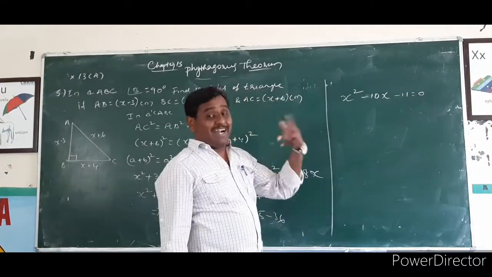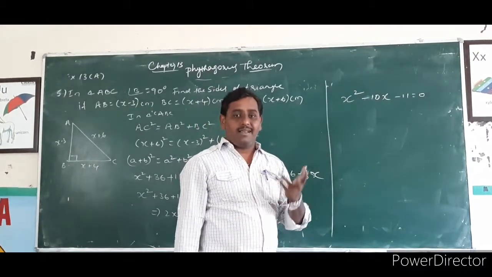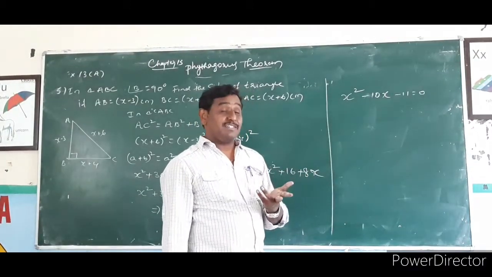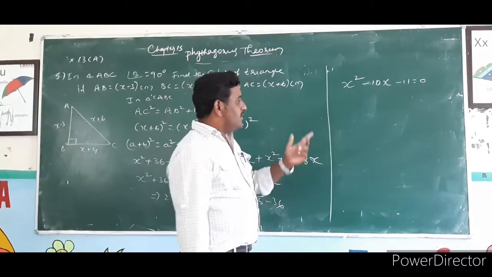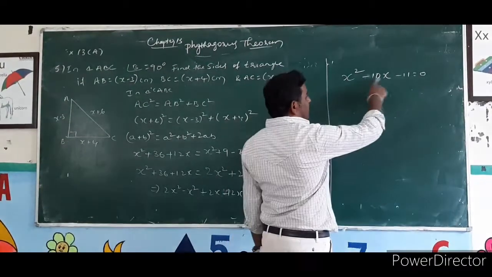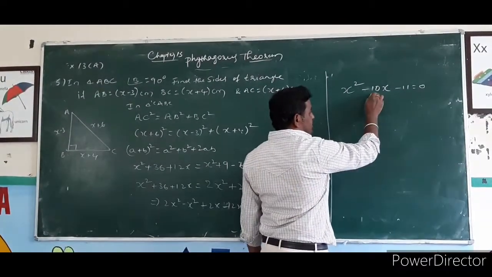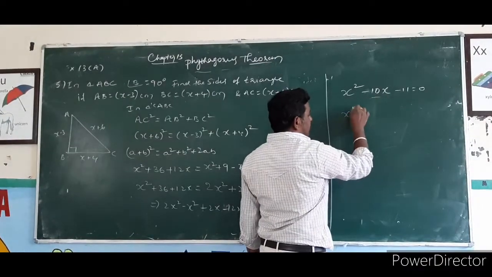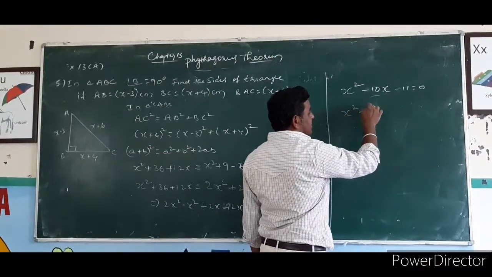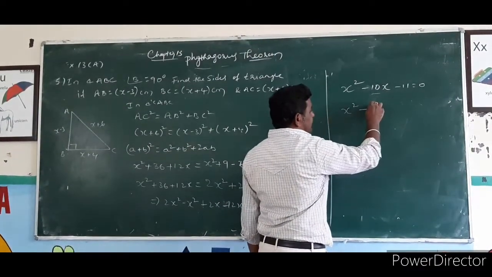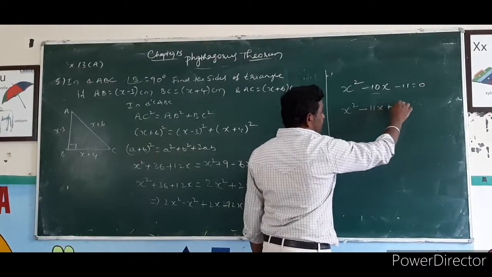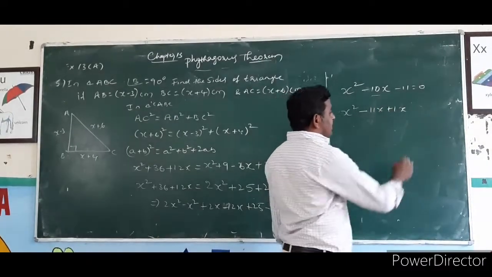You know how to factorize a quadratic equation. You learned it in the last class, that means in 8th standard. If a quadratic equation is there, you can split it into two terms: x square minus 11x plus 1x minus 11.